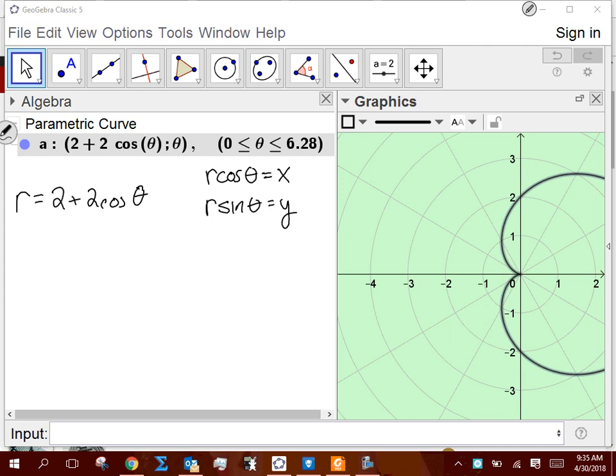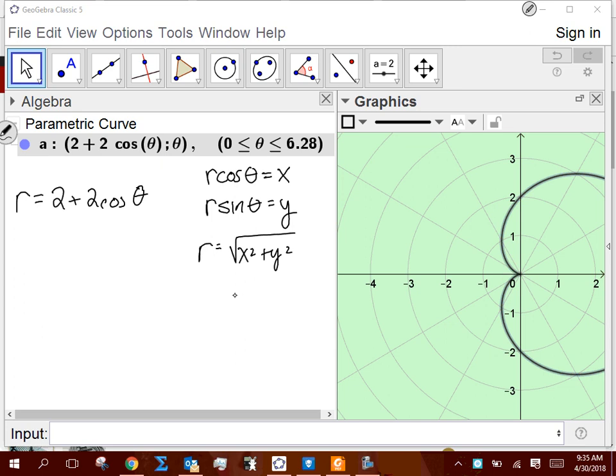So that's all we're doing to go from one format of an equation to another, from polar to rectangular, or eventually rectangular to polar. That's all you have to do. Everywhere you see an r cosine theta, you replace it with x. Everywhere you see an r sine theta, you replace it with y. However, there are going to be times that r is just by itself. Well, don't we know that r is equal to the square root of x squared plus y squared?